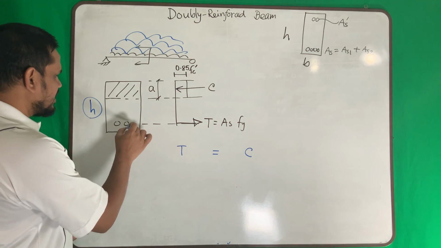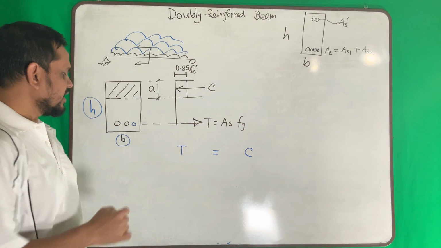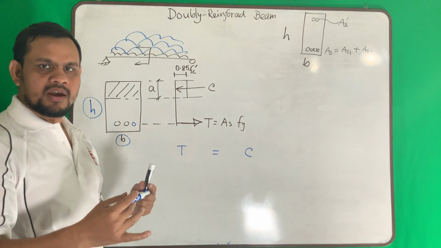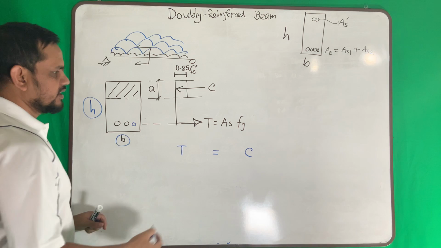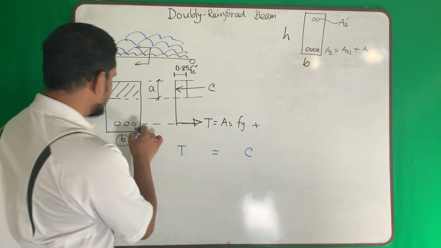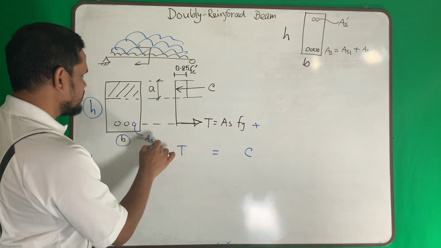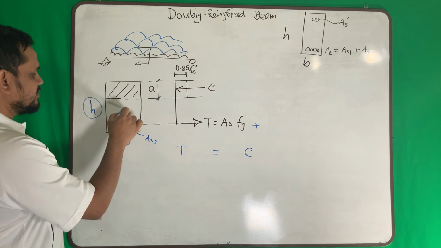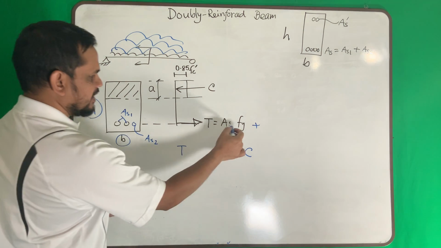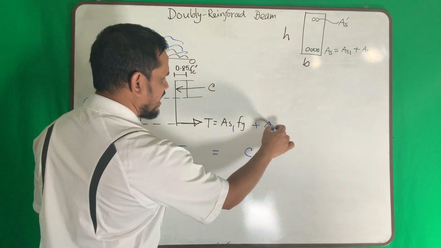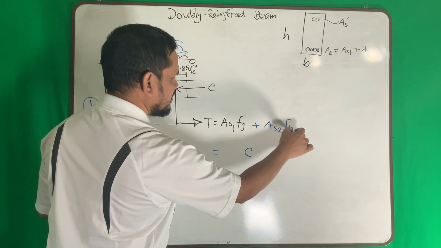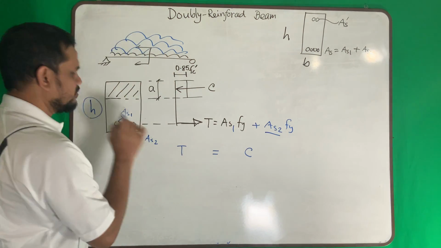I can simply add some reinforcement here that will give me some more tensile strength. That means, say this reinforcement is AS2 and my previous reinforcement was AS1.